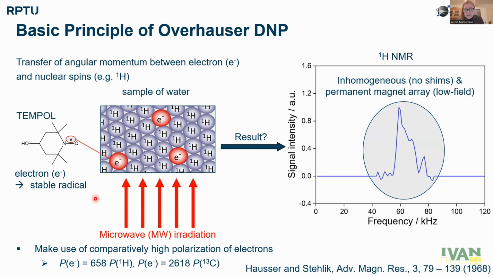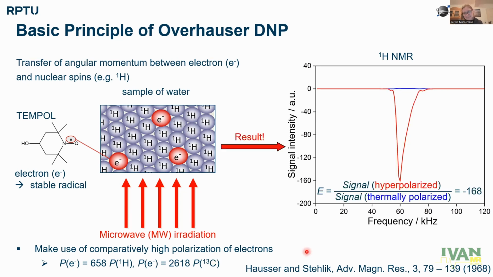Because we are working here at room temperature, we don't have the benefit of going to very low temperatures. So we have only the signal gain of the gyromagnetic ratios of the proton and the electron, but that's also something. It's 660 for protons, and for carbon-13, the best you can have is 2060.